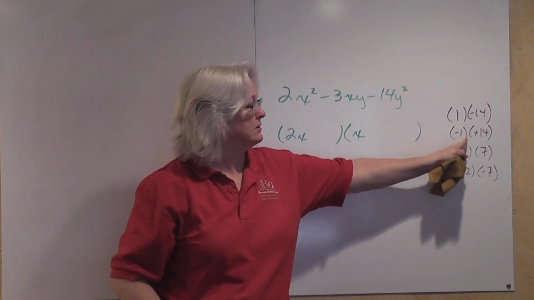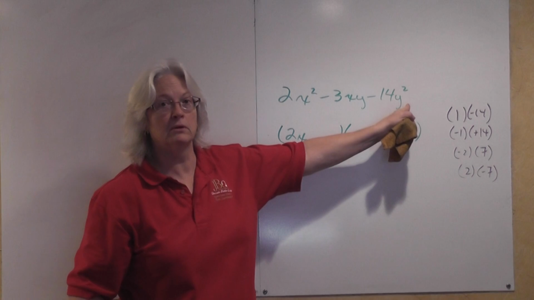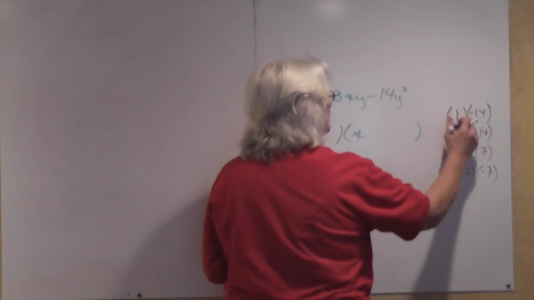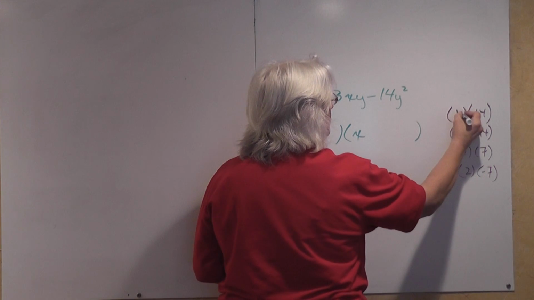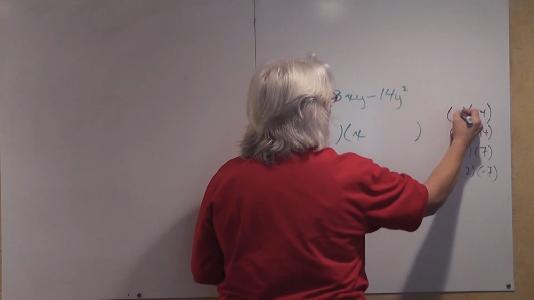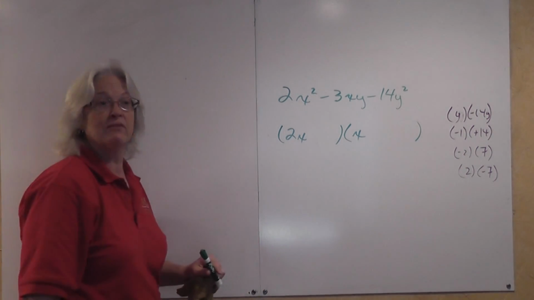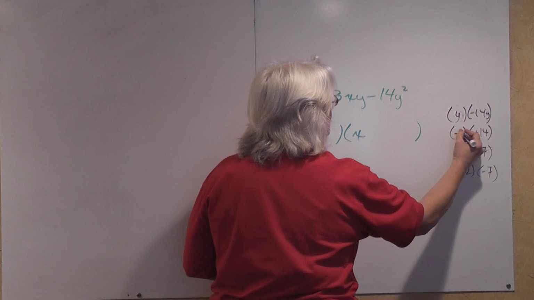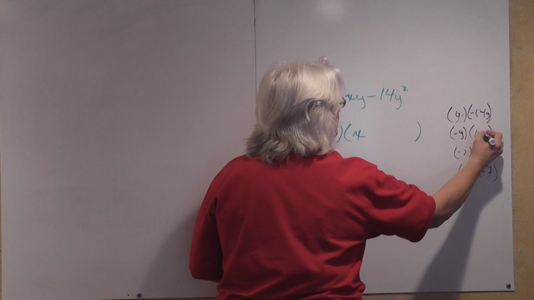What did I not include in here? I did not include the factorization of y. So what does that mean we have to make sure we have in here? This is going to be 1y times negative 14y, where we have a negative 1 times y, which gives us a negative y times 14y.